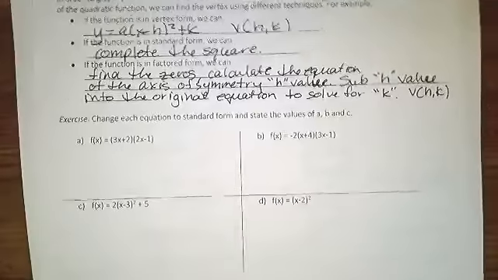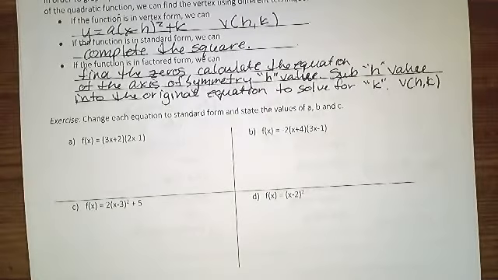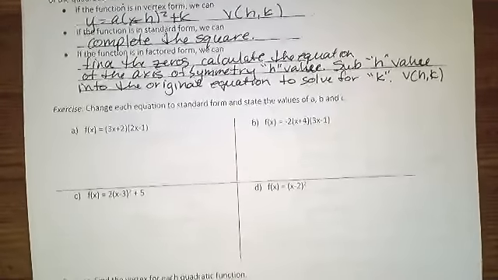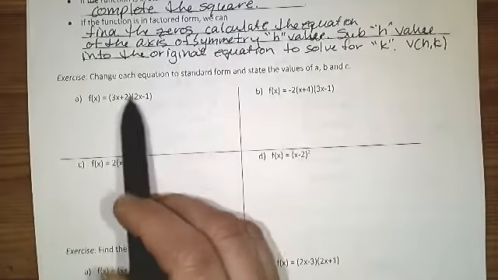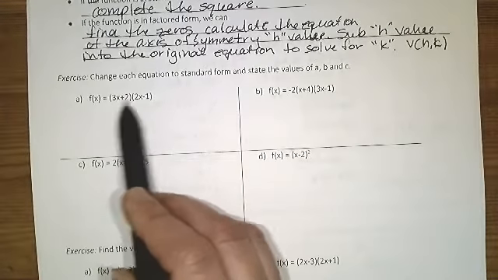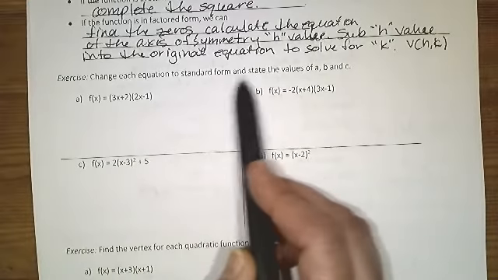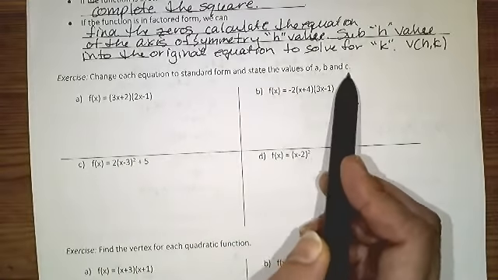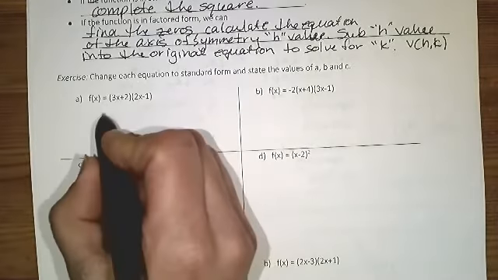So let's do some exercises finding our vertex from either our factored form or our standard form. And we're just going to follow these methods in order to do that. Our first one says change each equation to standard form and state the values of A, B, and C. So the first ones we're just rewriting into standard form.